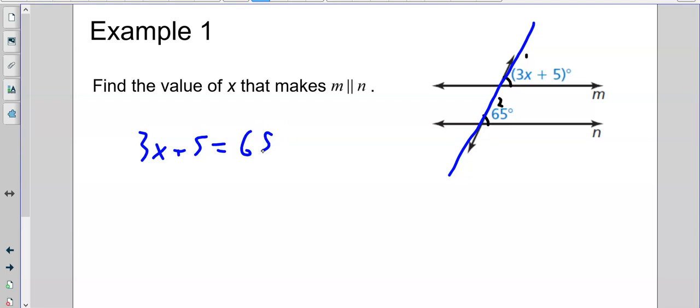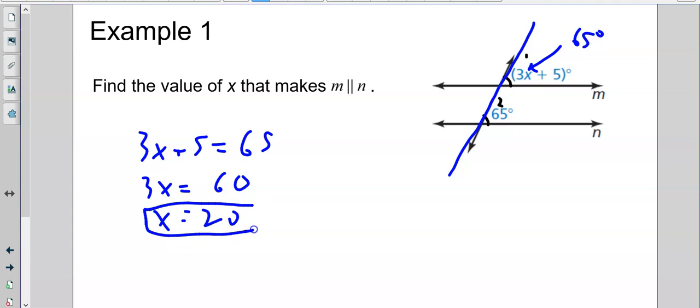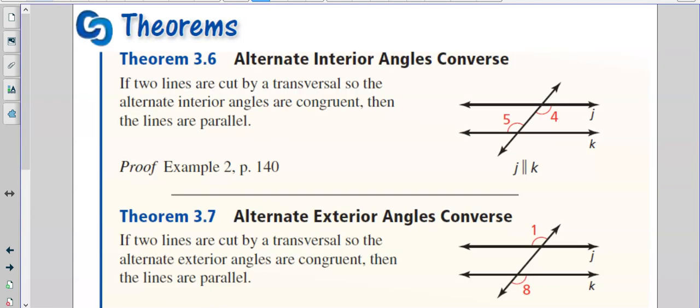Whatever number we put in there to make them equal will work. So I'm going to subtract 5 from both sides and get 60. Divide by 3, x is 20. So if I plug in 20 right here, I get 3 times 20 is 60 plus 5 is 65. So 20 makes them congruent. Therefore, the lines are parallel.